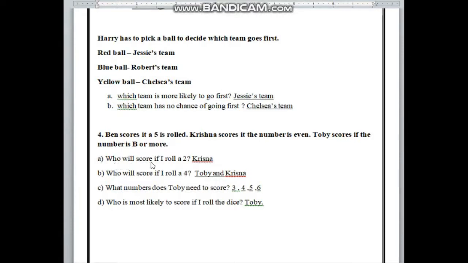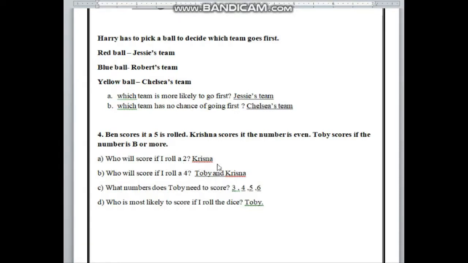Now first one, who will score if I roll a 2? Ben scores if a 5 is rolled. Krishna scores if the number is even. The number 2 is even. So who will score if I roll a 2 here?